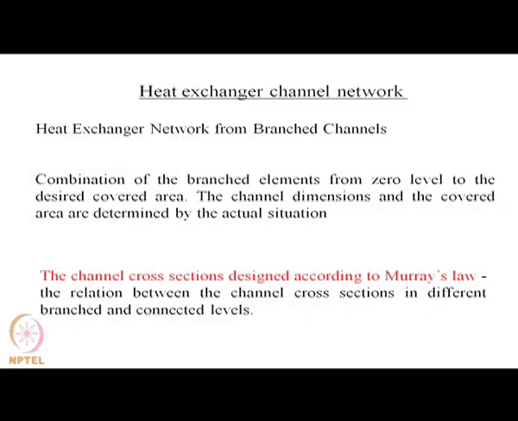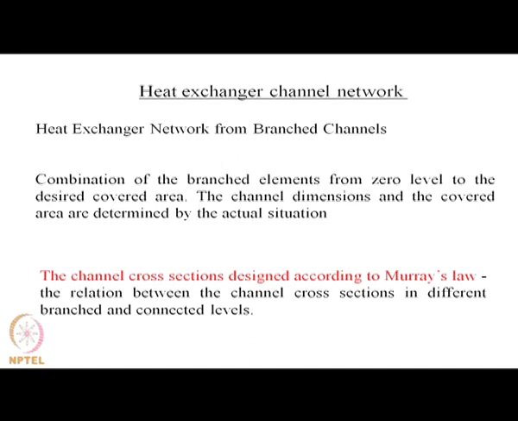And when we think about heat exchanger channel networks, from branched channels, we need to combine the branched elements from 0 level to the desired covered area. Whatever area that we would like to cover, we are going to combine the branched elements. The channel dimensions and the covered area are determined by the actual situation.